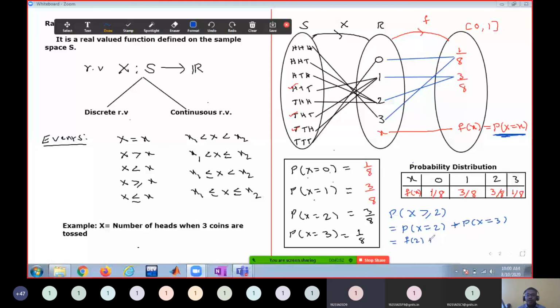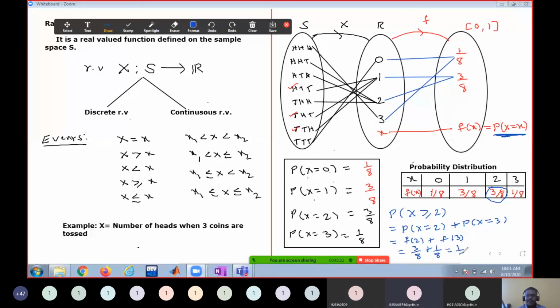Now how do you compute F of 2 and F of 3? You don't need to compute separately. I already have the distribution table. Look at the distribution table and copy the corresponding values of F. F of 2 is 3 by 8, plus F of 3 is 1 by 8.